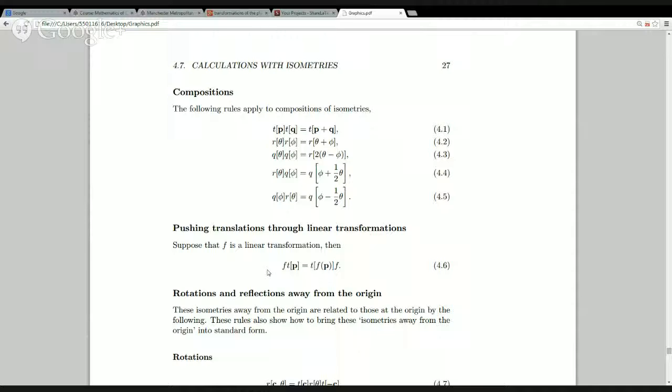So rotating about the center of rotation C by an angle theta, this point here moves to this point over here, and you're rotating the whole plane by this angle theta. Well, as an intermediate step to bringing that into standard form, you see, C is the fixed point of the transformation.